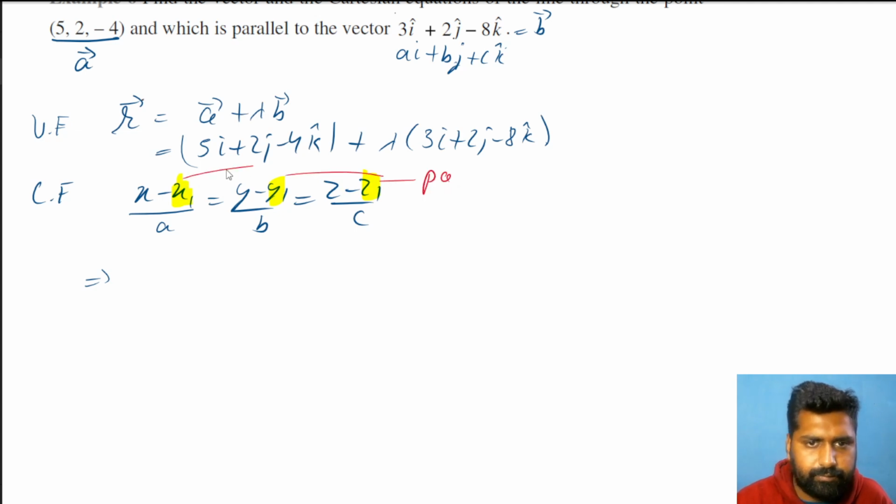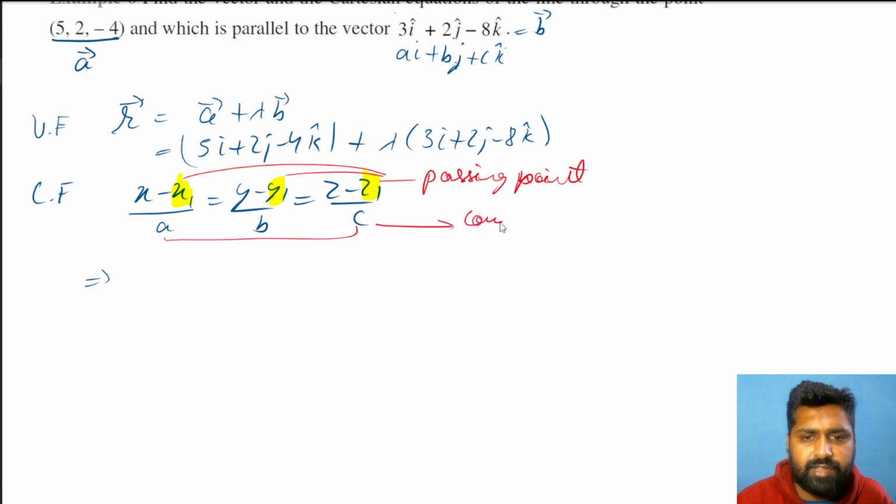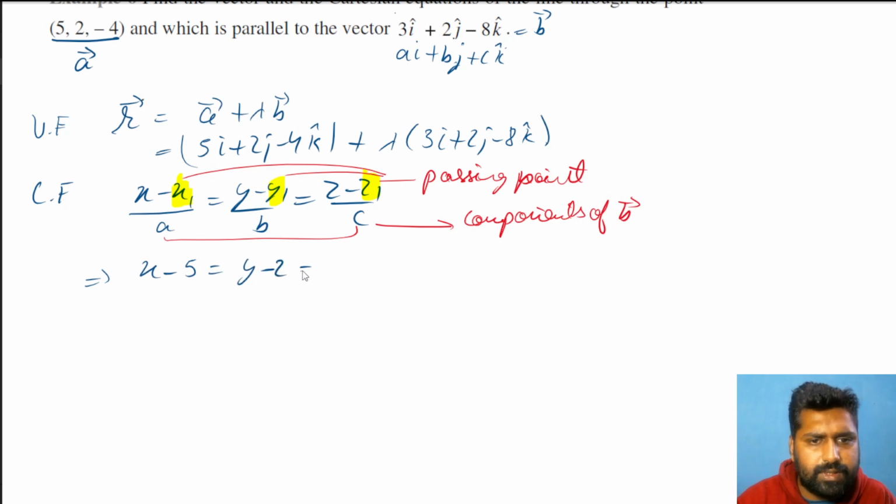Passing points are in the numerator. What are A, B, C in the denominator? Components of B vector in the denominator. So the passing point was x minus 5, y minus 2, z minus minus 4, so z plus 4, upon the B vector components 3, 2, minus 8.